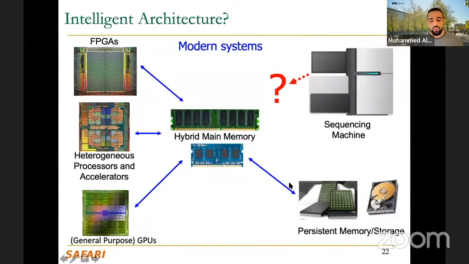Or do you want to do the analysis inside the sequencer itself? You don't want to move a huge amount of data to another general purpose computer. Or you want to do the analysis inside the storage, for example, or inside the memory, inside the caches. All of these are possible places to do the analysis.